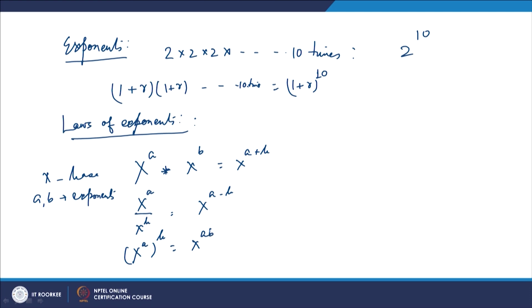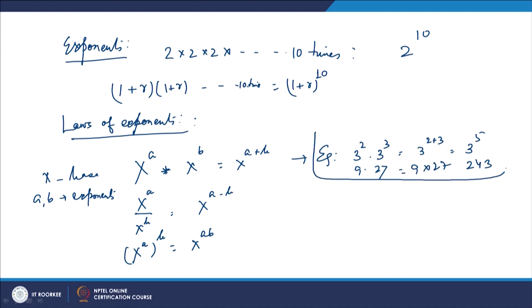You can take any number, like 3 raised to the power 2 and 3 raised to the power 3. That will be 3 raised to the power 2 plus 3, that is 5. So it will be 9 times 27, which is 243. Same thing.